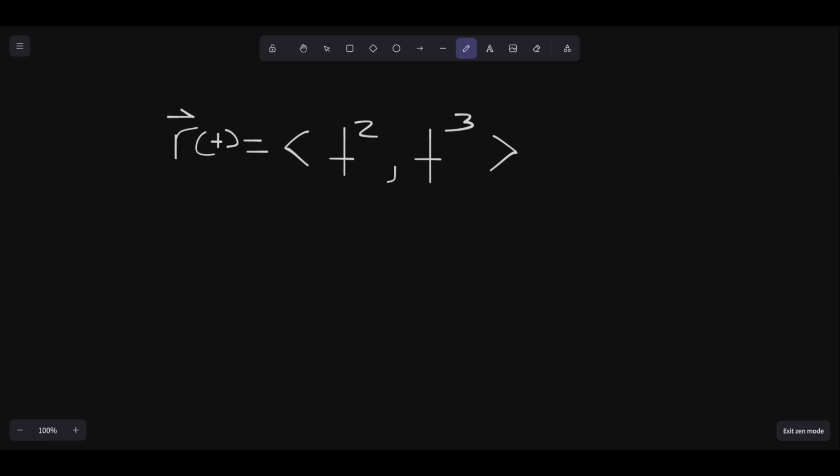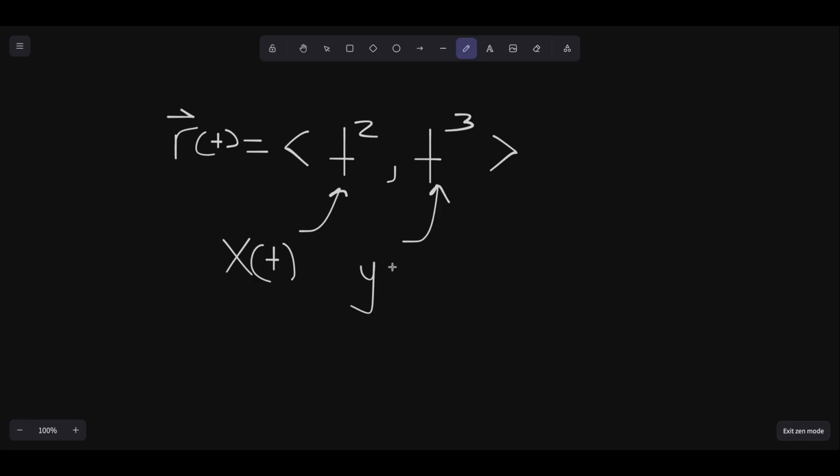All right. So one way to think about this is that this t squared right over here gives us the x position at any time, right? This tells us how the x value changes with respect to time. And so you can think about this as x of t. What's the x value after a certain time period? Well, this is the function that gives it.